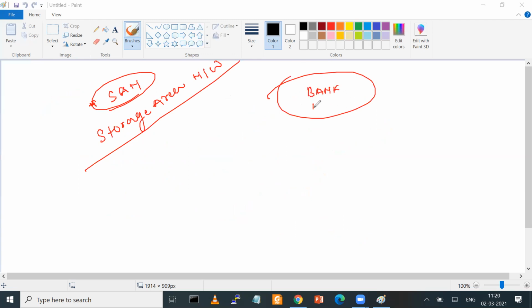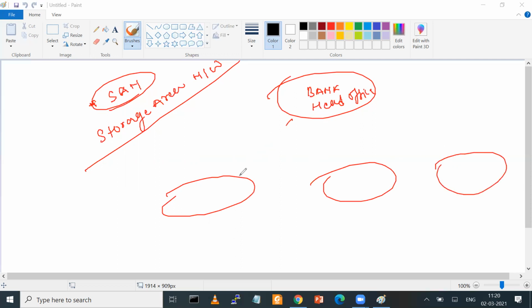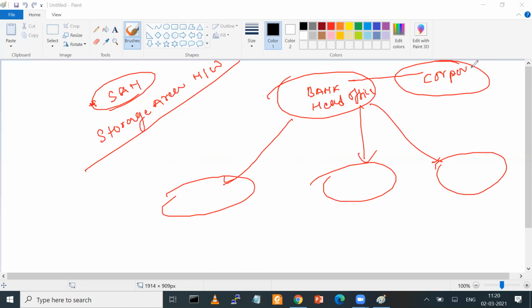This is my bank head office. And the head office is connected with branch offices, and further connected to the corporate office. And this is my branch 1, branch 2, branch 3.